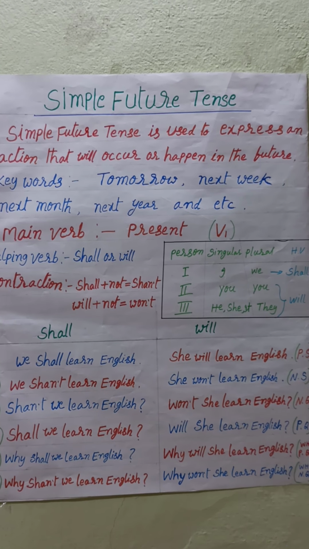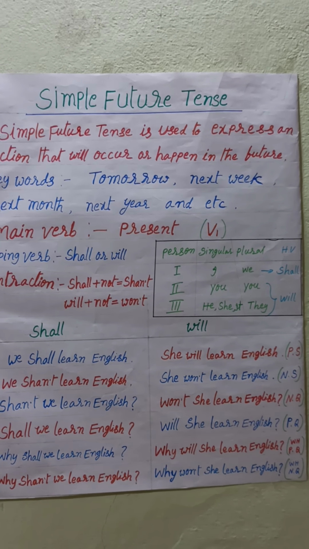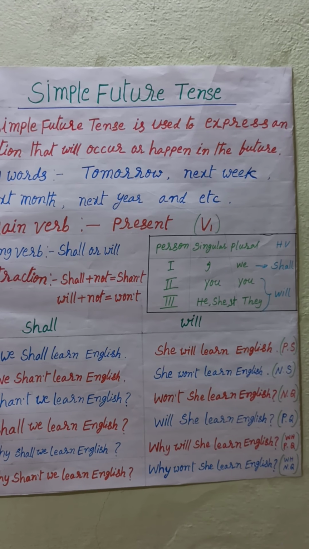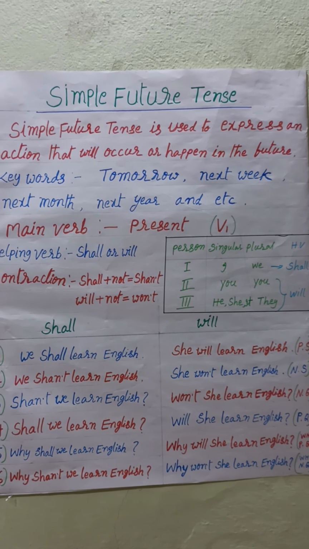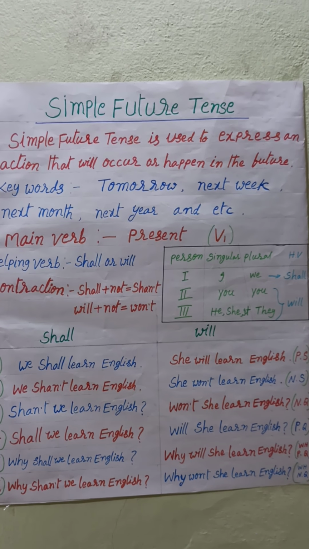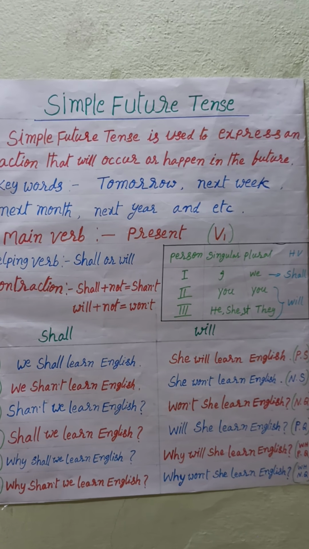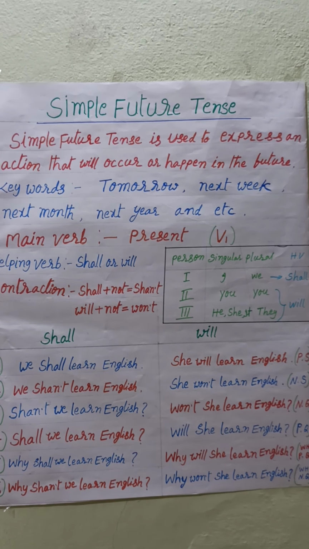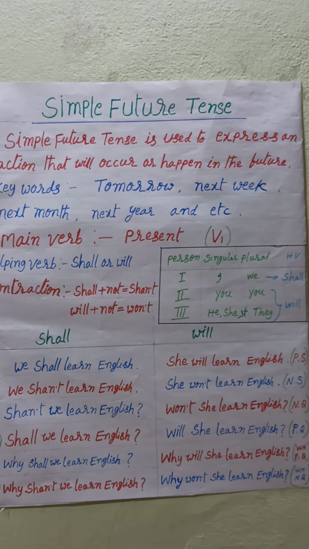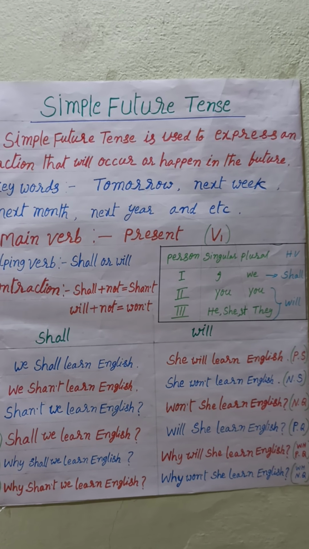In the same way, will she learn English and add question mark? It is positive question. The third and fourth are called yes or no type questions also. Already we know about that.